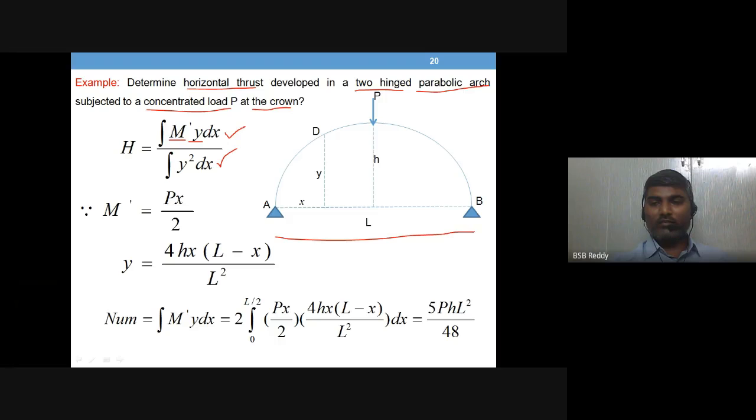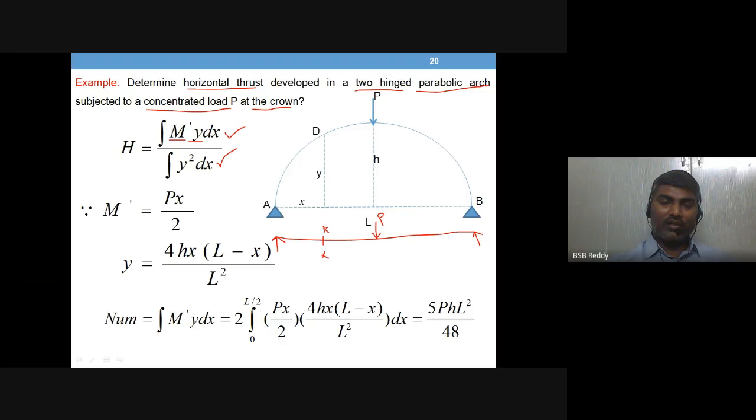You take a beam of the same dimension, and apply the same load as that of the arch and take the same location of section xx. Now write Mx, that will be your m dash value.